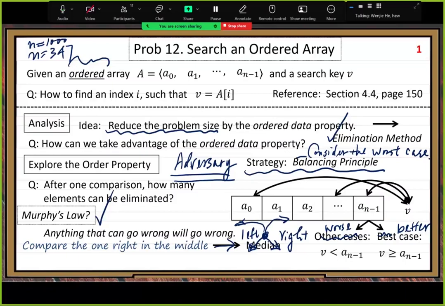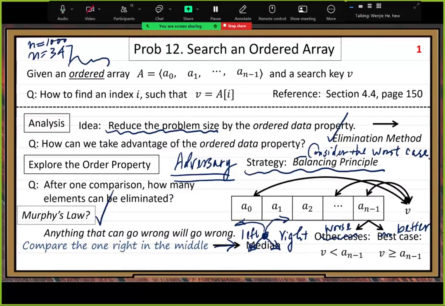We all compare the worst case. When we test several different algorithms, we always target the worst case, and we want to pick the one with the best performance.